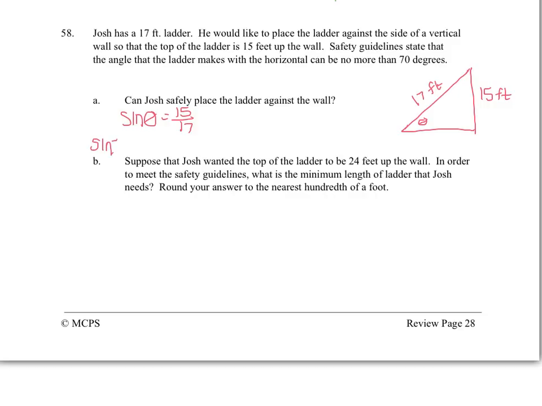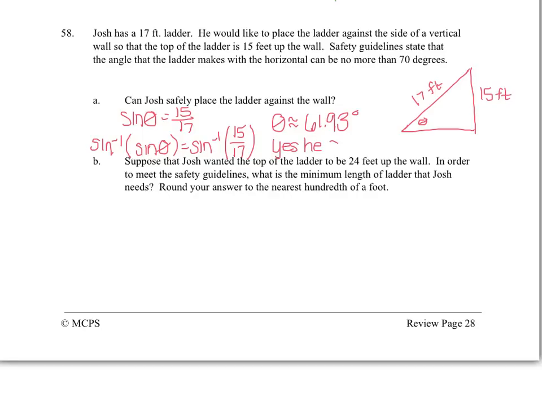So I'm going to take the inverse sine of sine of theta. And what I do on one side, I must do on the other. So I'm going to take the inverse sine of 15 over 17. This means theta is approximately 61.93 degrees.